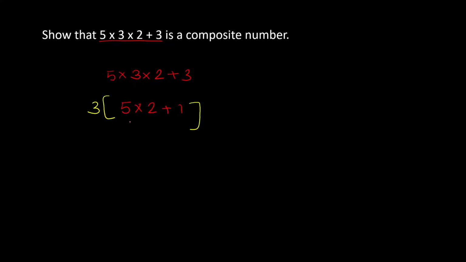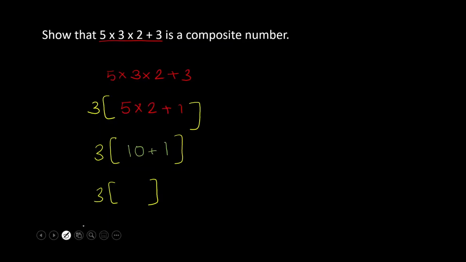Now we have to solve this. So 3 times, now 5 times 2 is 10, then plus 1, that will become 11, right? So we write 3 times 11. 3 times 11 is 33, which is definitely not prime because it has more than 2 factors.